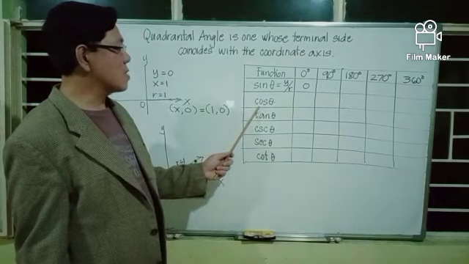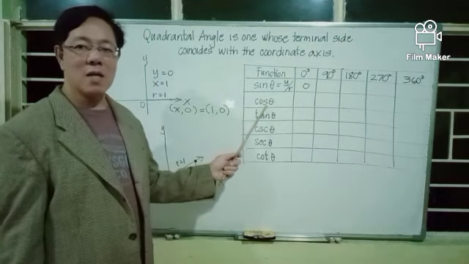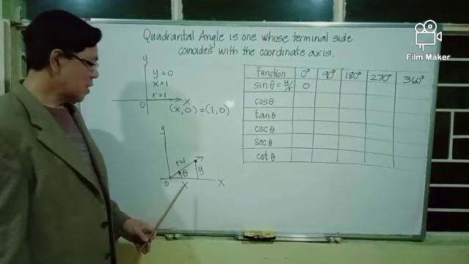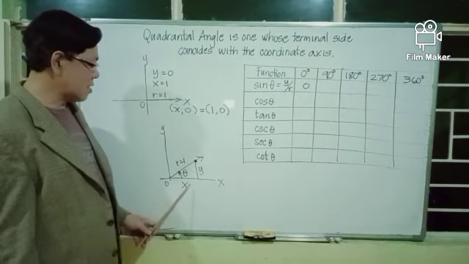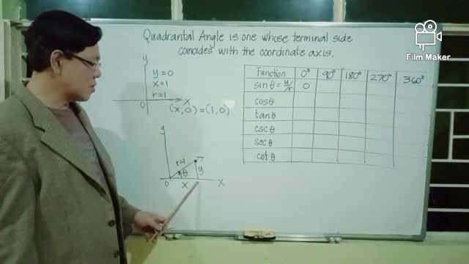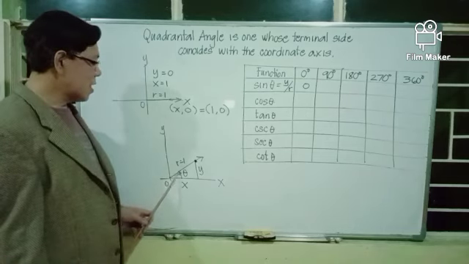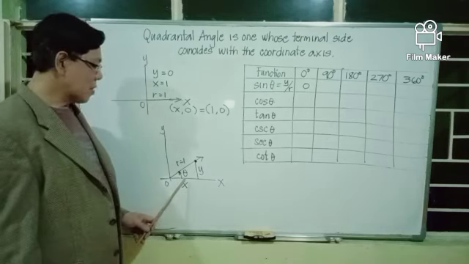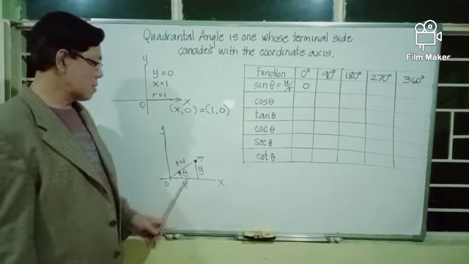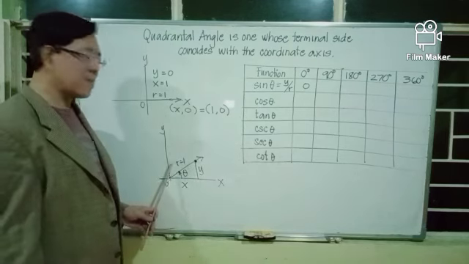Now we find the cosine of the acute angle theta. From this diagram, cosine theta is defined as the ratio of the adjacent side x and the hypotenuse, or cosine of theta equals x divided by r.